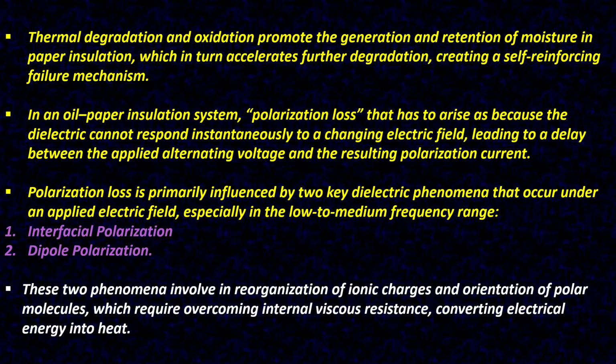In an oil paper insulation system, polarization loss arises because the dielectric cannot respond instantaneously to a changing electric field, that is an oscillating electric field, leading to a delay between the applied alternating voltage and the resulting polarization current.